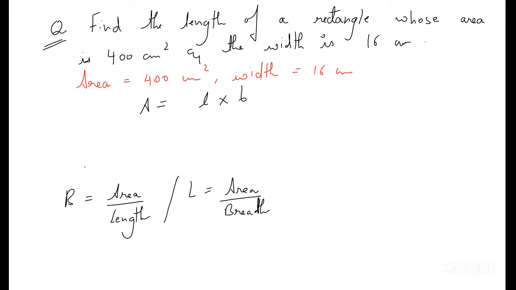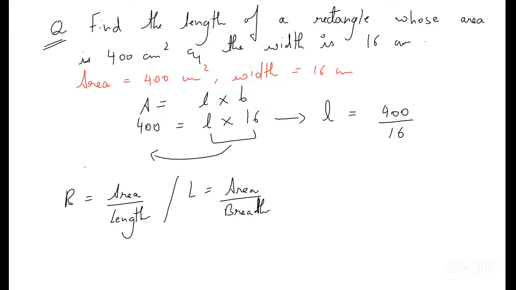So 400 equals to length into 16. Now 16 here is in multiplication. If we take it to this side, it will become divide. So L is equals to 400 divided by 16.